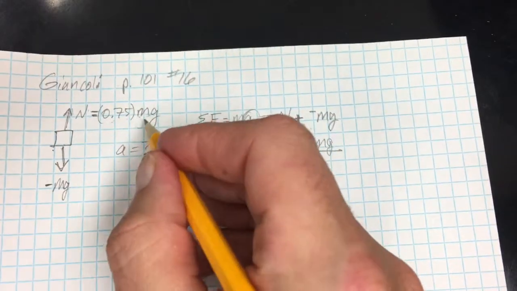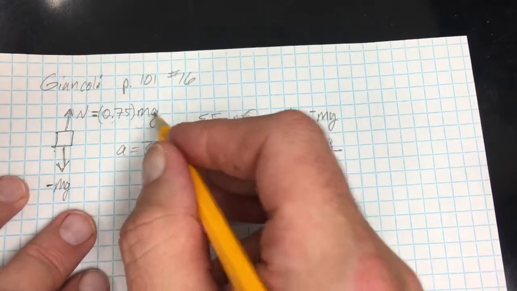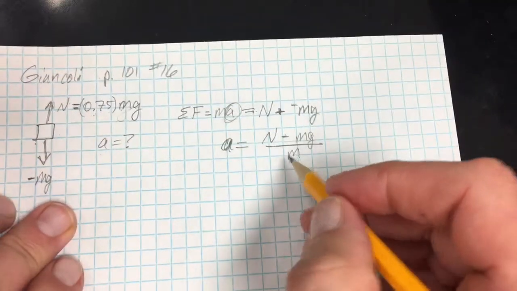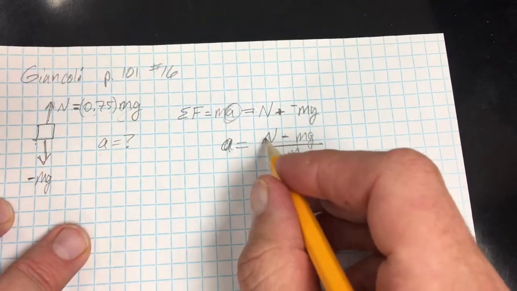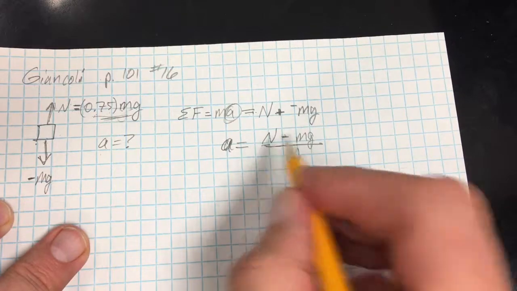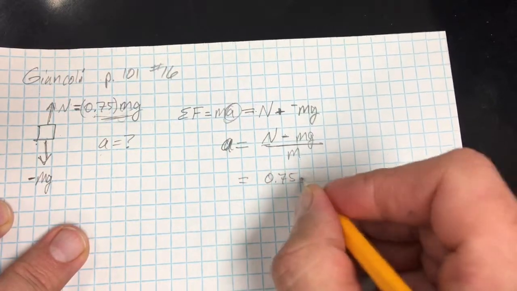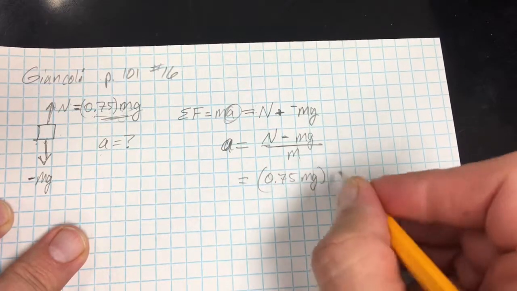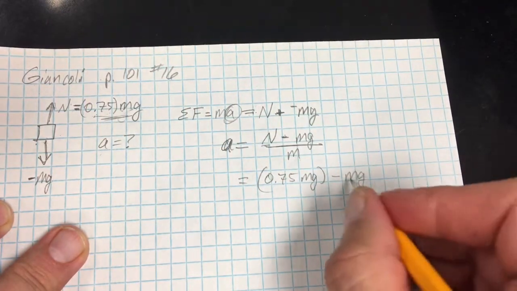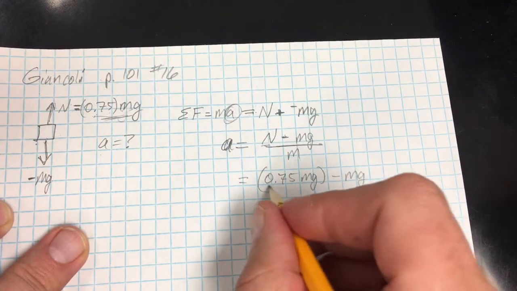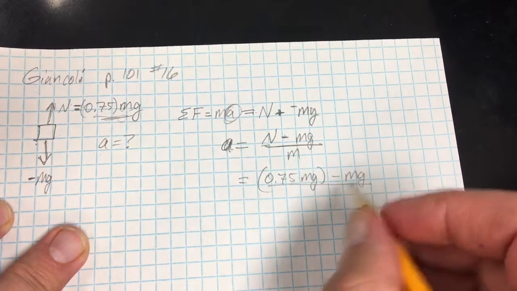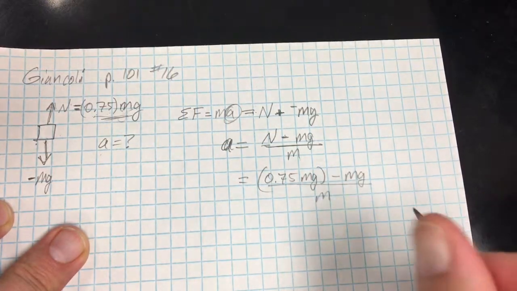Her weight is represented by mg, not just g, the acceleration of gravity. So back over here, now I substitute this value in for her normal force: 0.75 mg minus mg, her normal weight, divided by her mass.